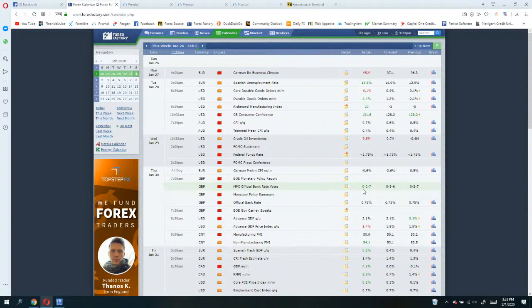The first number is how many wanted to raise rates, the second is how many wanted to cut rates, and the third is how many wanted to leave rates the same. So they were expecting none to want to increase, which is what happened. They were expecting 3 to want to cut rates, which is bearish, and then 6 to leave it the same. They actually came out 027, so this was dovish. More bullish, which is why these are green.